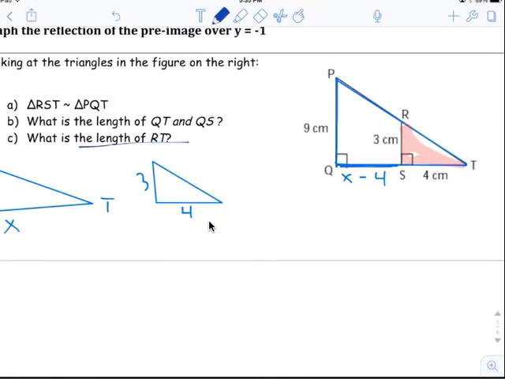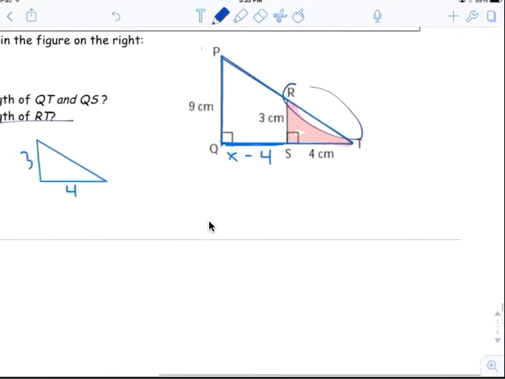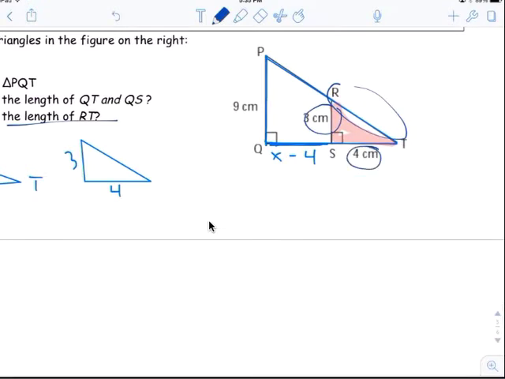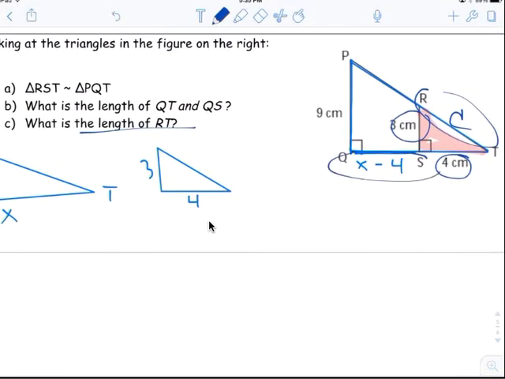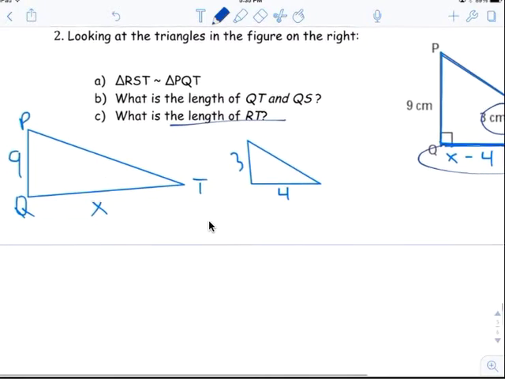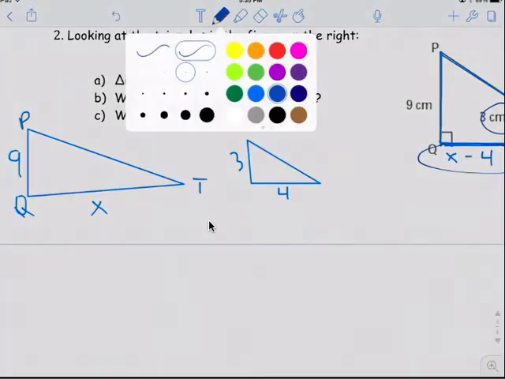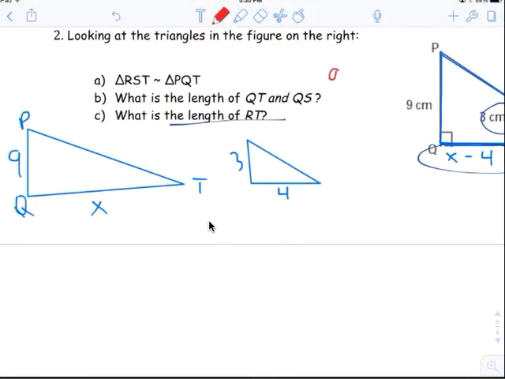Okay, and let's find the length of RT. RT, you do Pythagorean theorem. A squared plus B squared equals C squared. But we need to find QS and QT. We need to first find QT by doing proportions. Corresponding sides, 9 over 3 equals X over 4. 36 equals 3X.